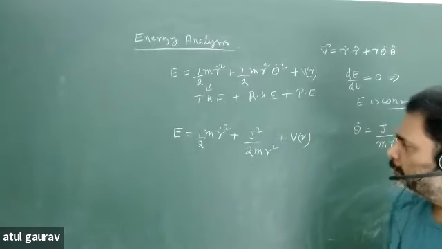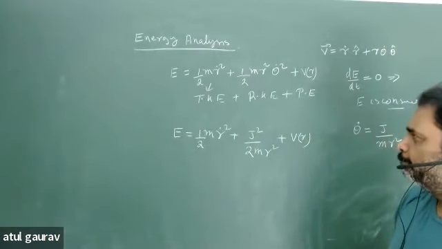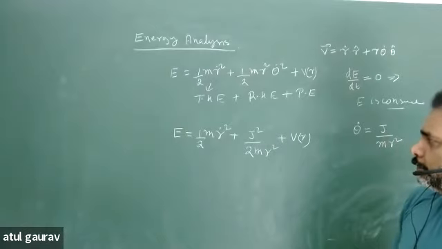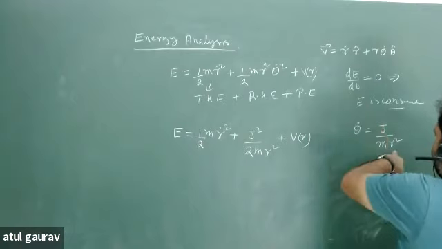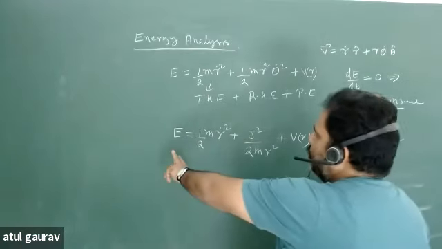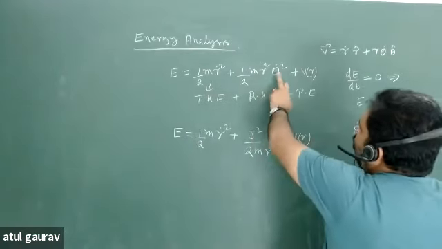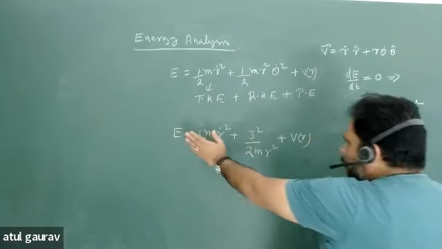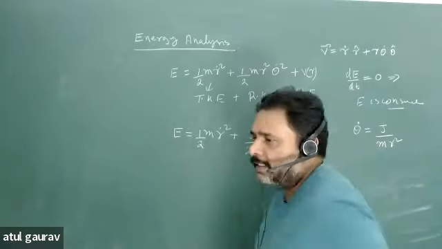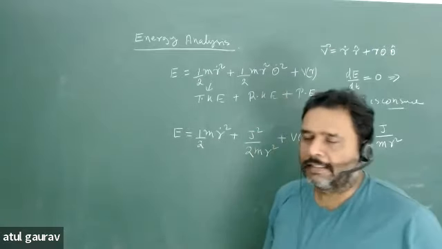Everyone is comfortable? And now you can see, since theta dot is J by mr square, again what we have done is removed one variable, theta dot, as a function of r, and this energy is only written as a function of r. R is the only variable.